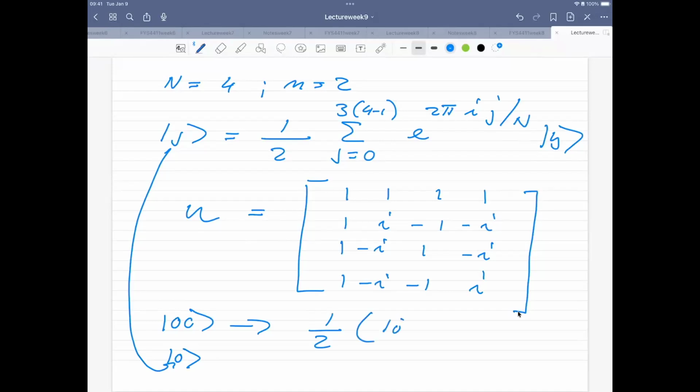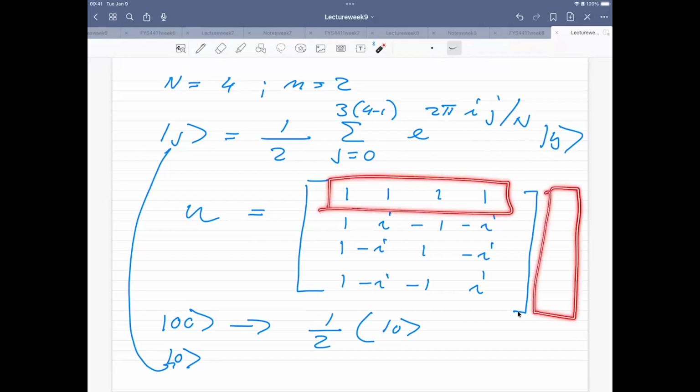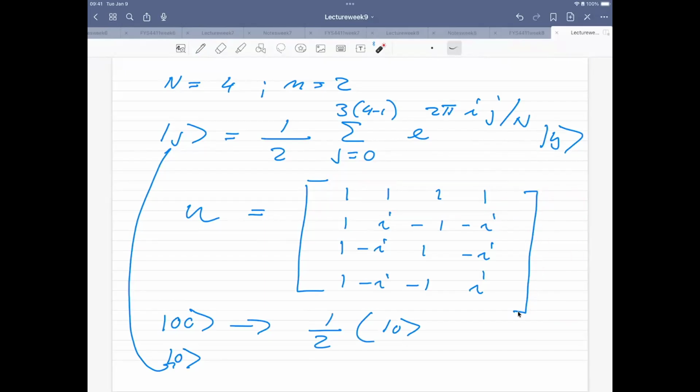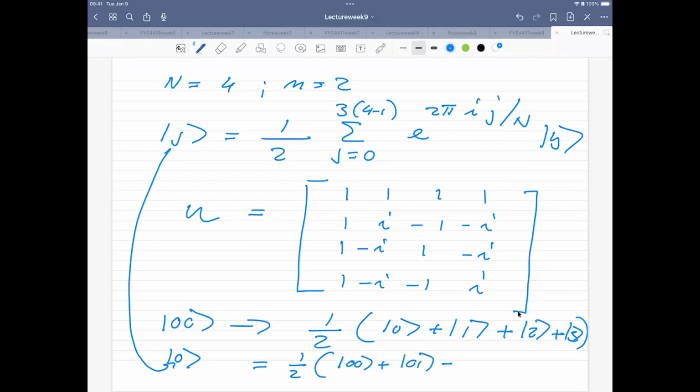If I take this formula here, that means I'm going to have this row here, which is then multiplied with the original basis. So I'm going to have plus 1, plus 2, plus 3, which is actually the same as 1/2 multiplied with 0, 0, plus 0, 1, plus 1, 0, plus 1, 1, like that.